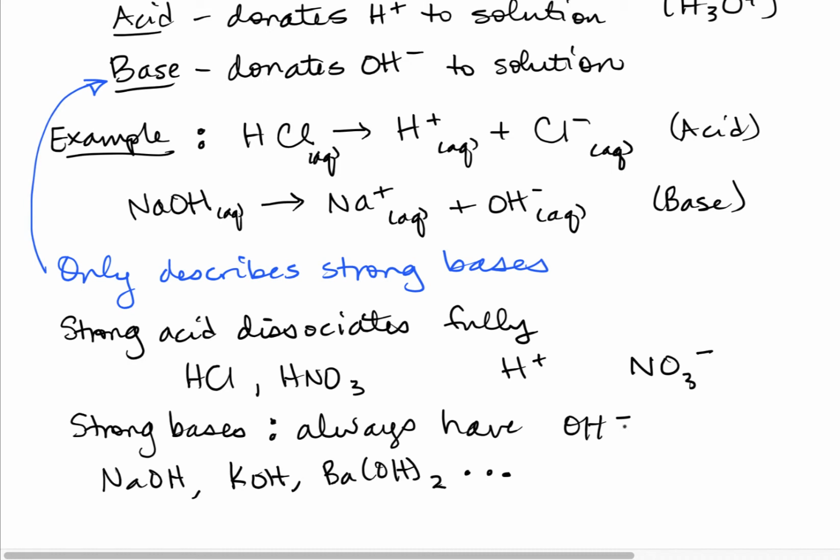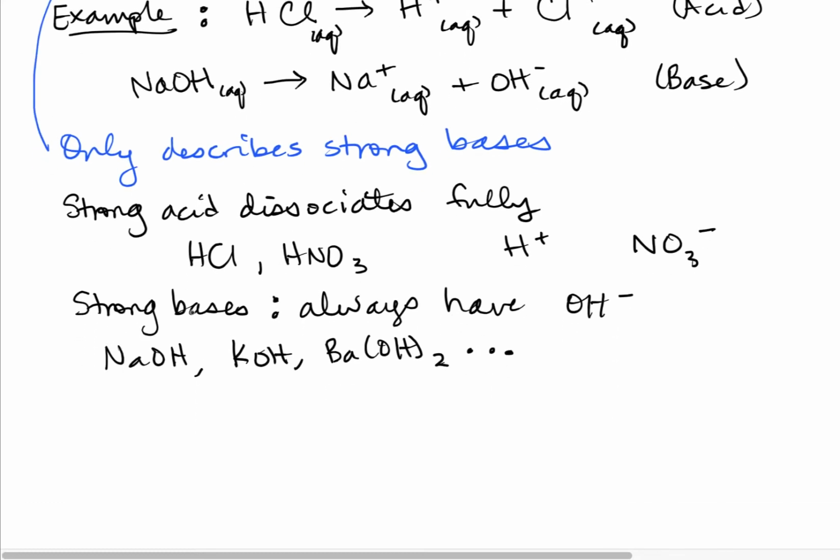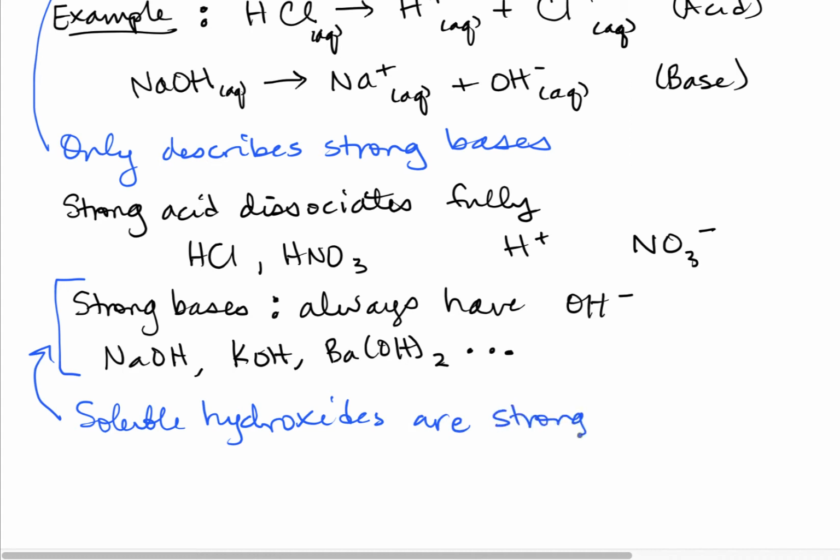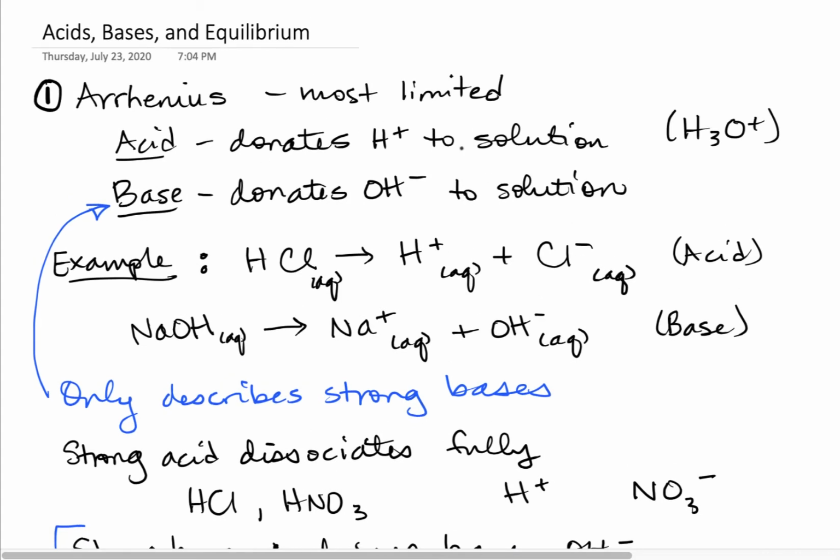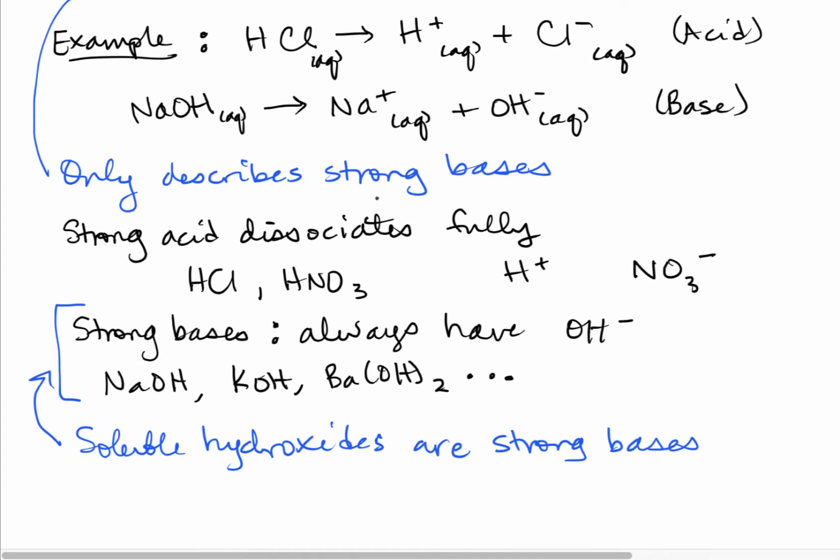So it's pretty easy with the Arrhenius definition to identify those strong bases, and it's convenient for us to list all of those strong bases because, as I just said, if it is a soluble hydroxide, then it is a strong base. Okay, so that's the Arrhenius definition. It describes protic acids, and it describes strong bases.